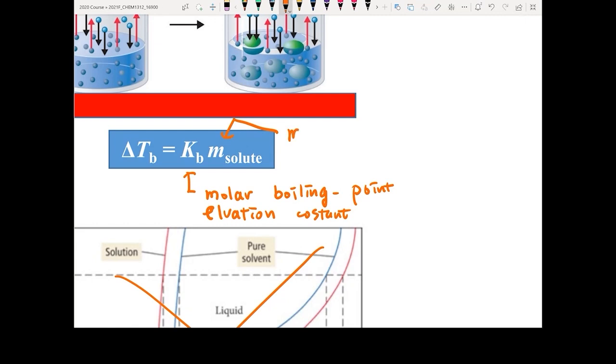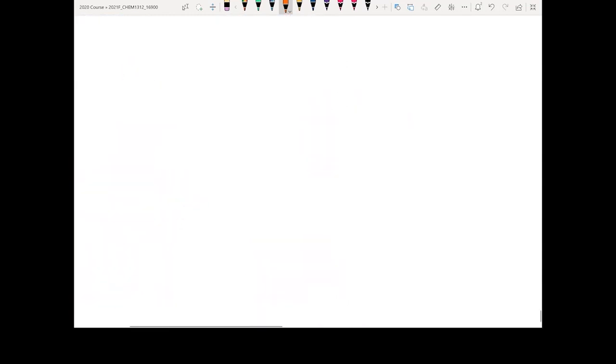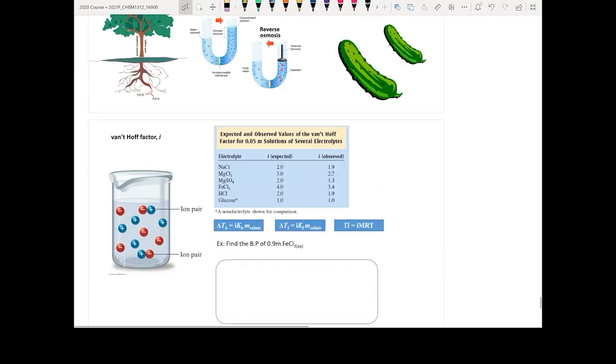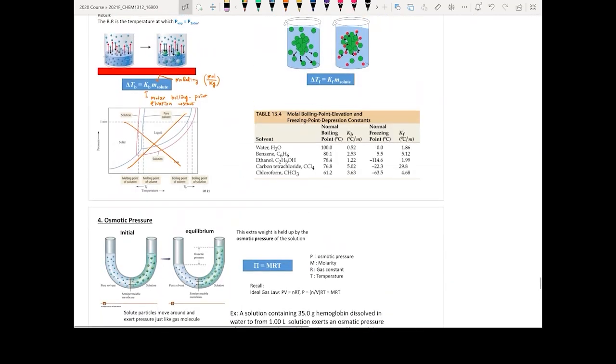Remember, this concentration is a molality. You need to use the correct concentration unit to calculate the correct answer. If you use molarity, you're going to get the wrong number. Most of the time, you can get these constants from your textbook. Otherwise, the question will provide those constants for you.